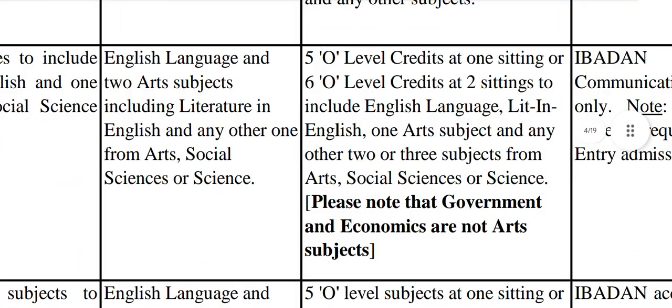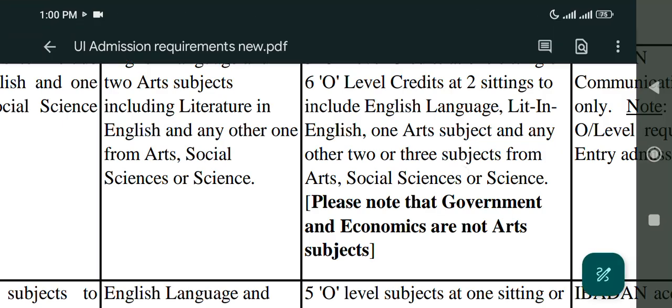So under the O level, it means that this course allows the use of one sitting and two sittings as well. So your O level combination should be English language compulsory, literature in English compulsorily, and one art subject again apart from literature.